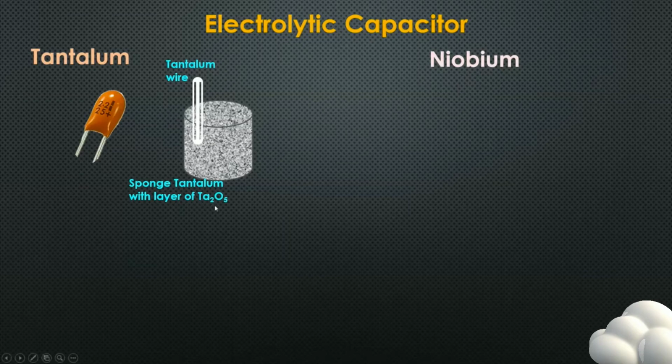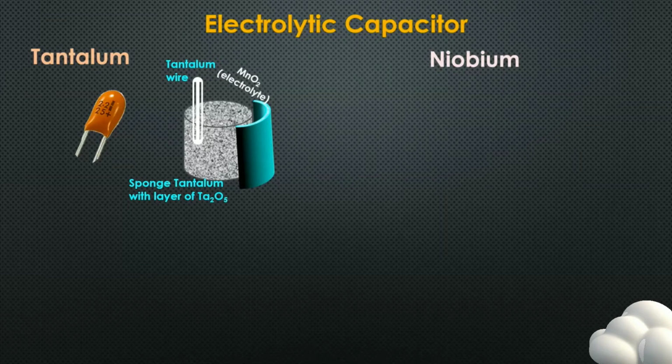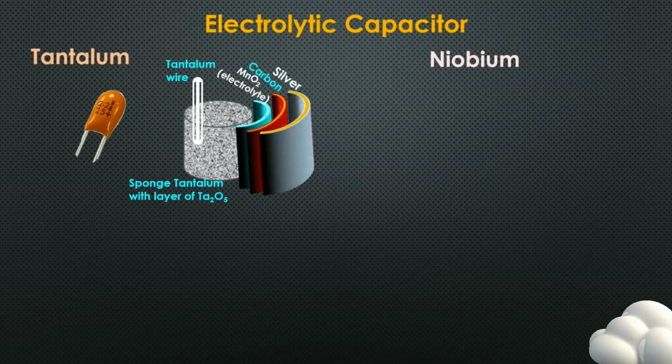As the surface area is more, the capacitance value will be more. Over that there will be a metal oxide which will act as a dielectric, manganese oxide which will act as an electrolyte, and then there are two layers of carbon and silver which form the electrodes, from where the two terminals will be taken out and a capacitor will be formed.